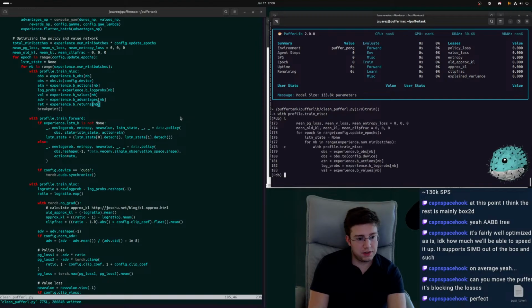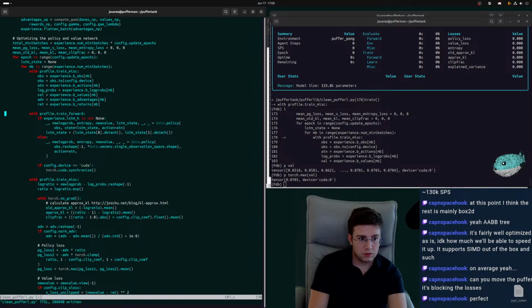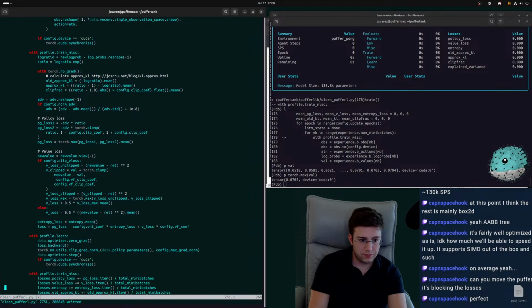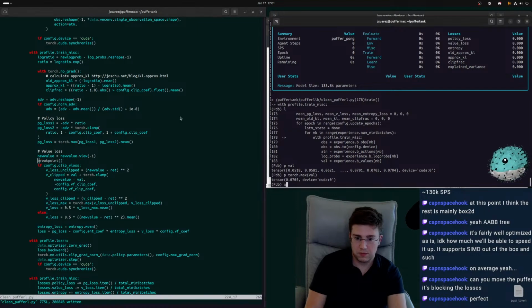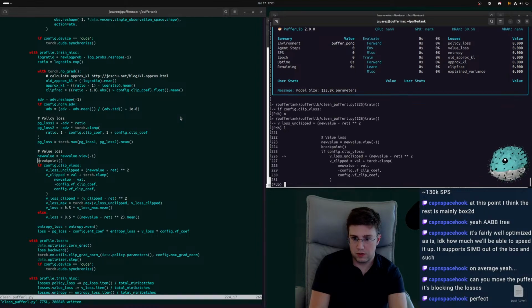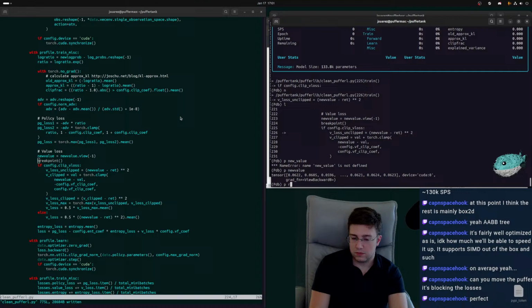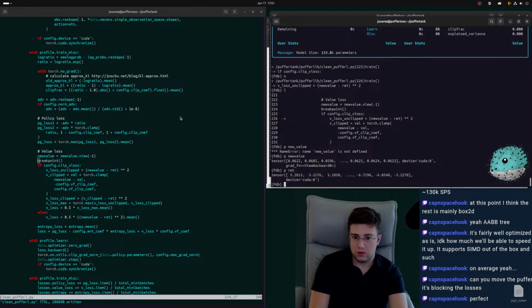Ooh, let's see, train. Where's value loss get computed? Okay, unclipped. What the heck?